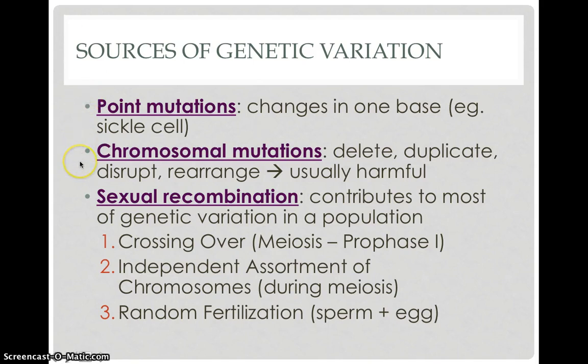The second source of genetic variation is chromosomal mutation, whether it's deleting, duplicating, disrupting, or rearranging. This is very critical. It usually leads to a very harmful outcome, because this happens not just with one base changed, but the entire chromosome is mutated, which contains a vast amount of DNA data.